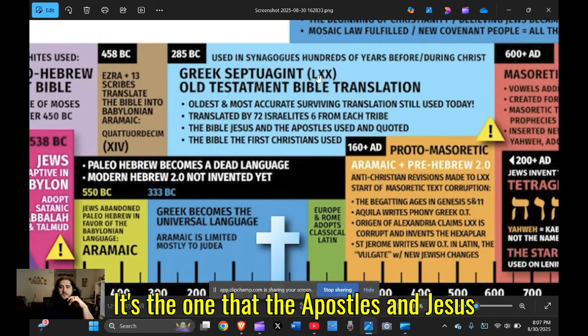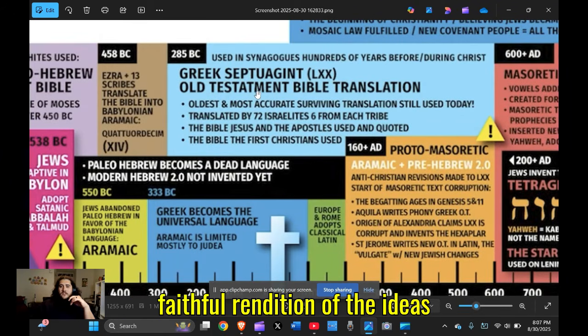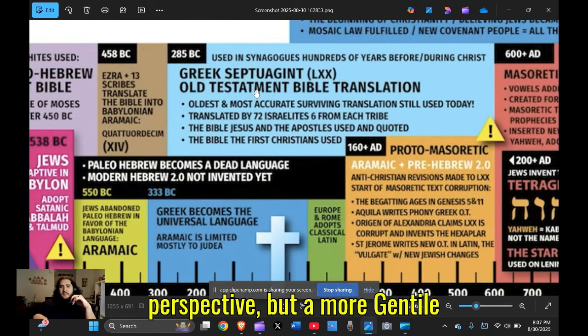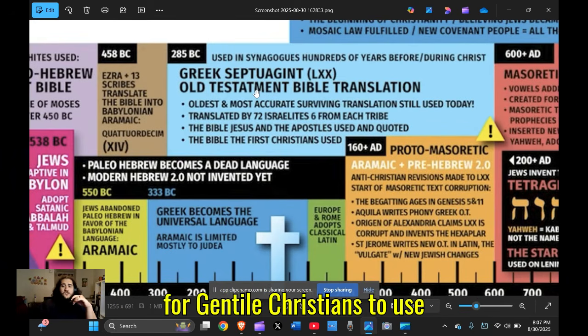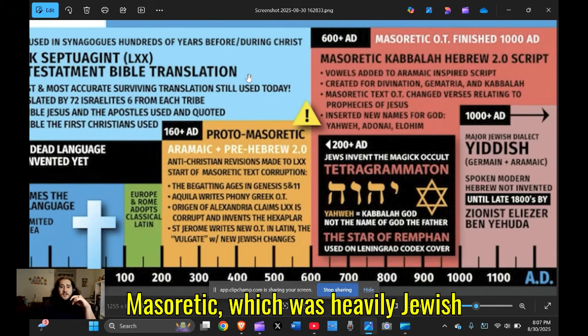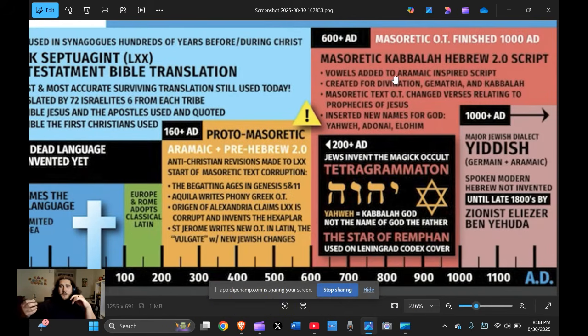It's the one that the apostles and Jesus himself used, and I think it's the most faithful rendition of the ideas that were circulating in that world, and not necessarily from a Jewish perspective, but a more Gentile perspective, which makes even more sense for Gentile Christians to use the Septuagint as opposed to the later Masoretic, which was heavily Jewish influenced by unbelievers.